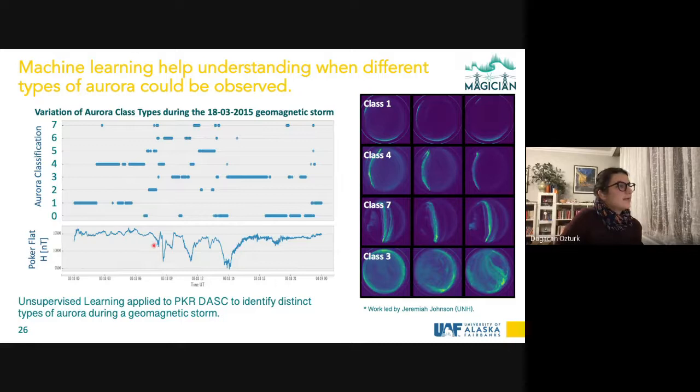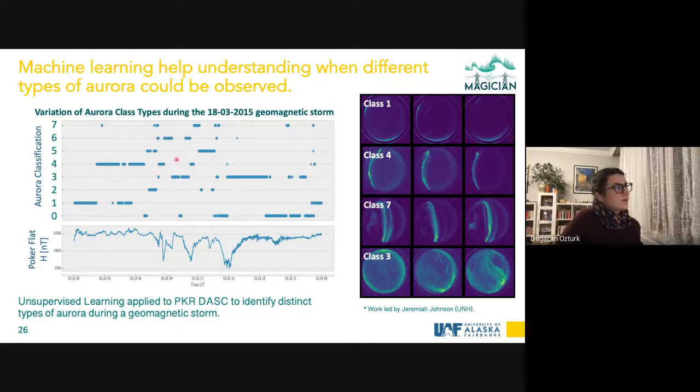But when we have these distinct variations, you can see that class 4 and class 7 seem to be mostly associated with these rapid variations in the magnetic field horizontal component, where we see these auroral arc type features. Class 7 is showing multiple arcs and these kind of wavy signatures.